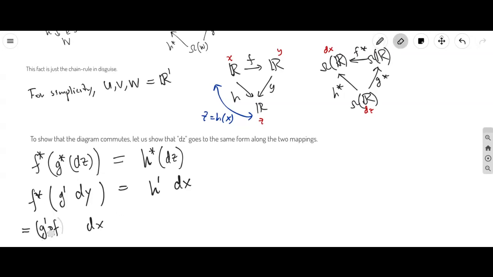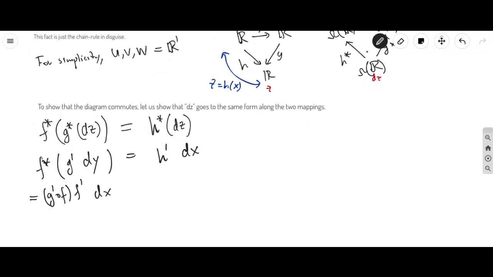And then this function gets differentiated. So you would have f prime. And by the chain rule, this piece is exactly g prime composed f, times f prime, dx, which is equal to h prime of x. And these are equal because h is exactly g composed f.